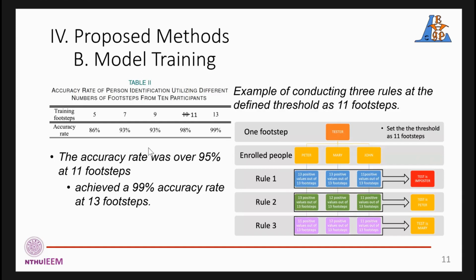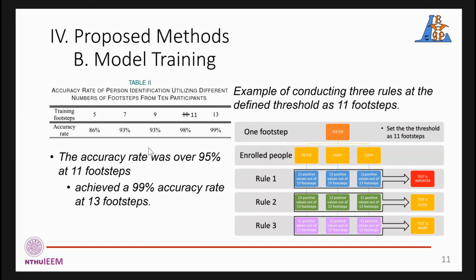If we have a new one, which we call the tester, and there are 3 people in the database, which we randomly name Peter, Mary, and John, this tester's footsteps will be compared across 13 times 3, so 39. If you find 13 positive values out of the 13 footsteps with 2 people at the same time, we will indicate this tester is the imposter, because that means somehow there's a wrong comparison with our database.